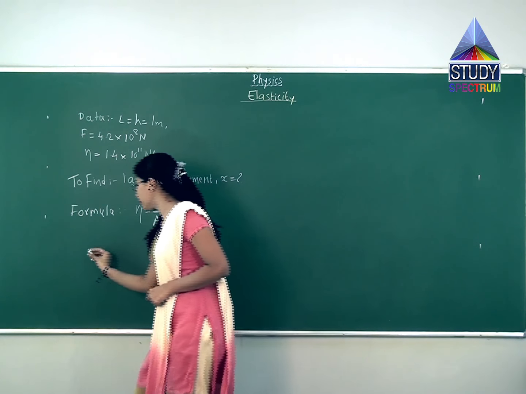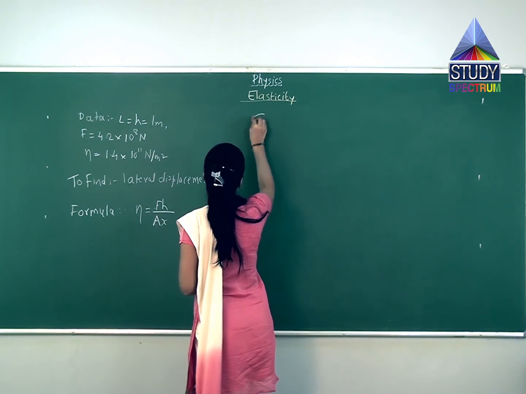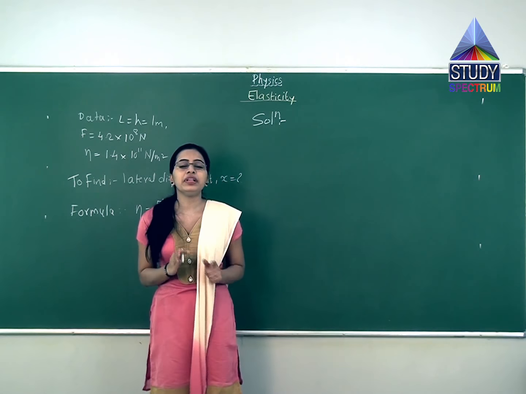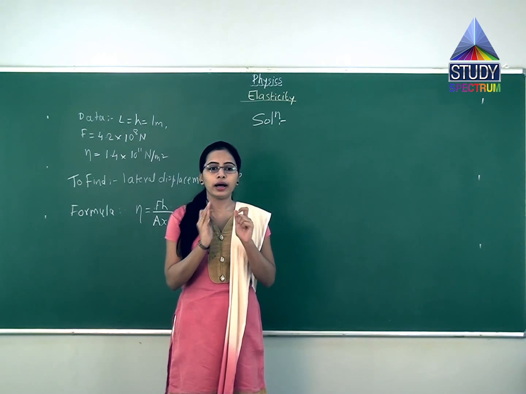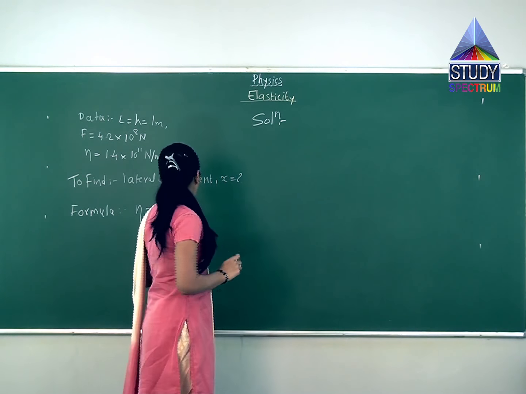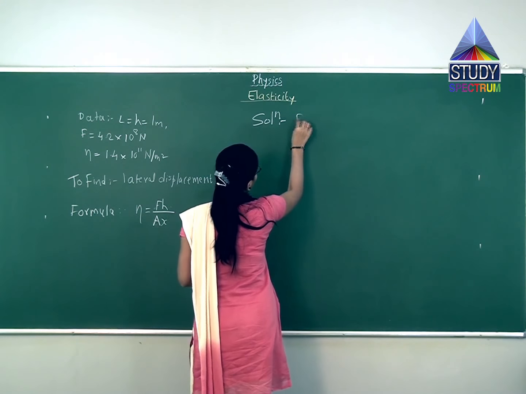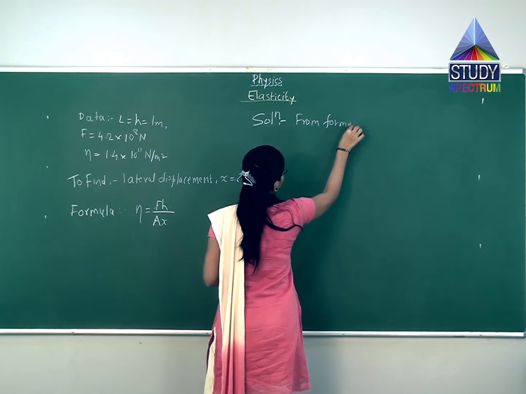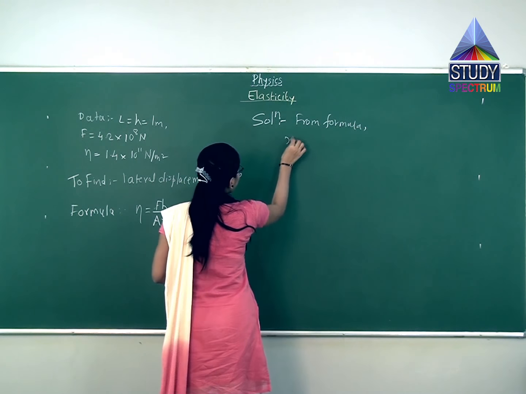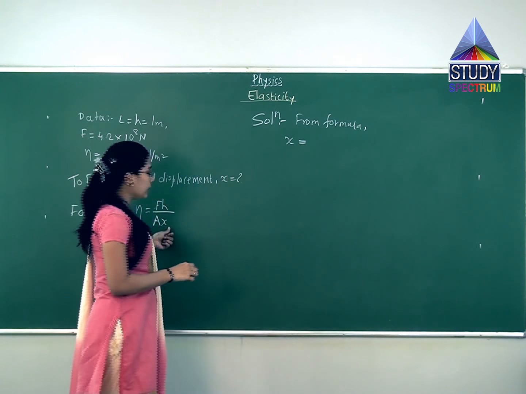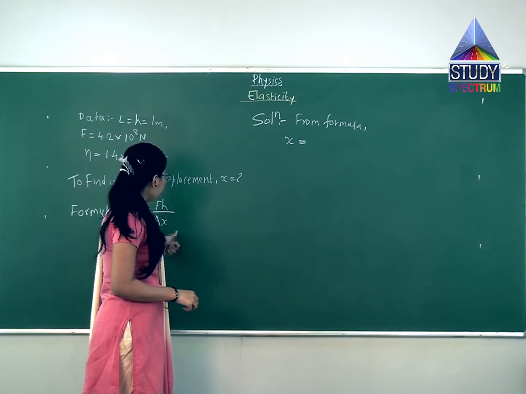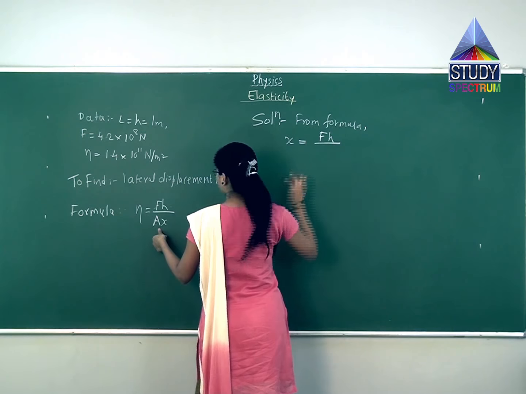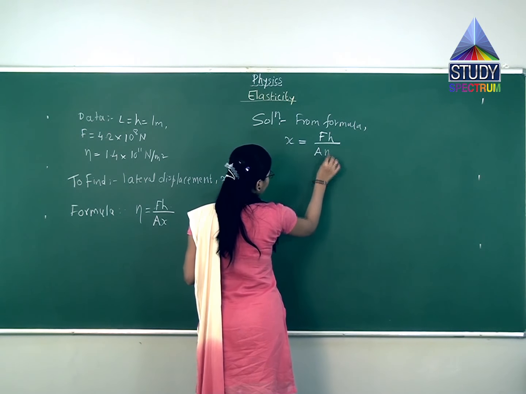So let's start solving. Here we will rewrite this formula according to our need. Here we have to find x. So from the formula, I will take x this side and eta this side. So x will be F into H upon A into eta.